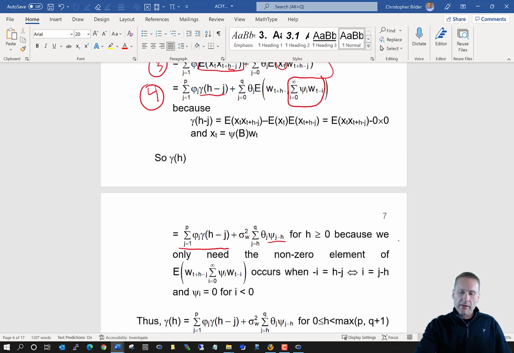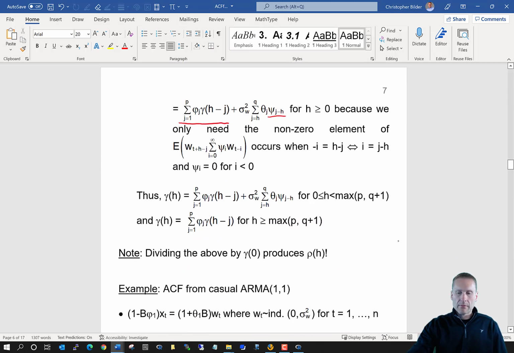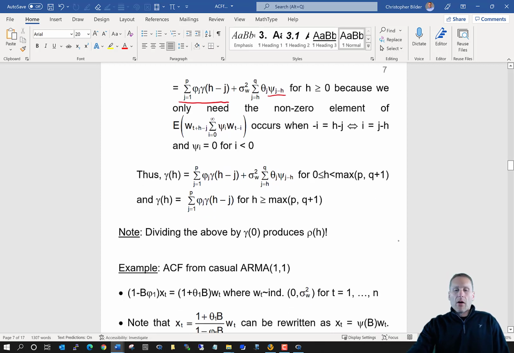Now, I did a little bit of simplification here because, again, remember when we have the expected values of these two w's, the only time that it's non-zero is when the subscripts match up. Okay, so that's our autocovariance function.